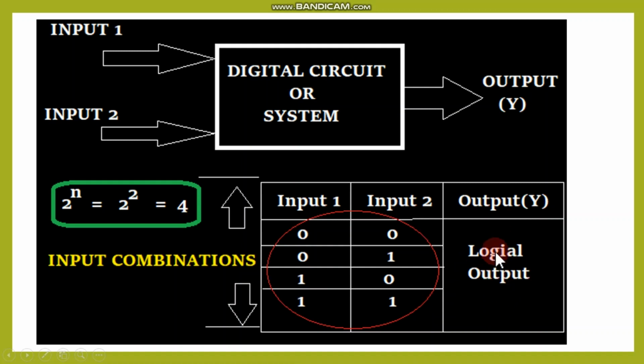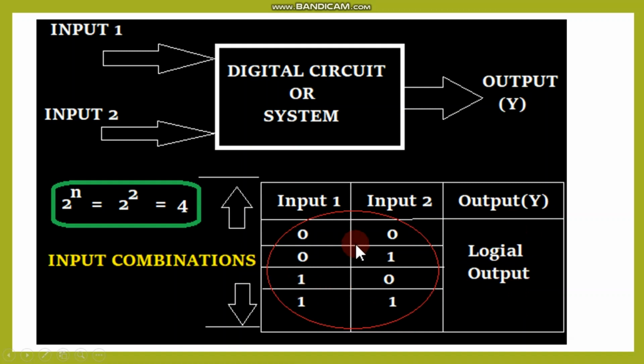Now here we are not actually interested in what type of output we will obtain, because we have not specified which type of digital circuit we are using. So let us ignore the column of output, the last column. Output can be anything based on the selected digital circuit.